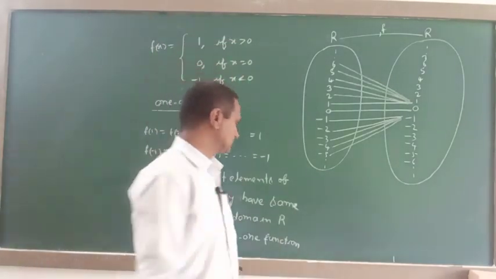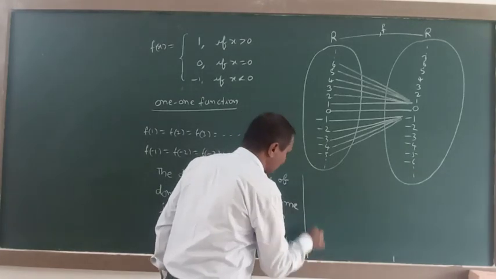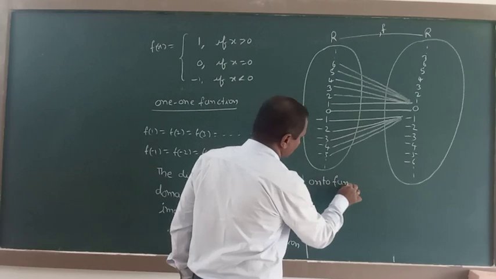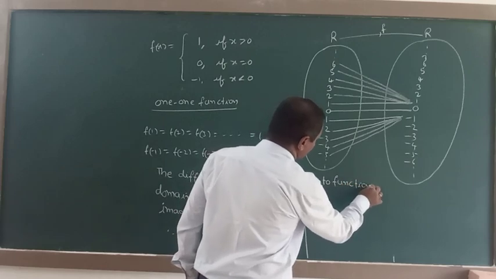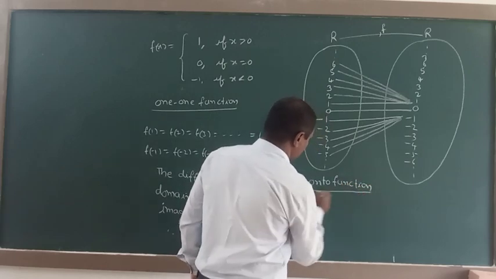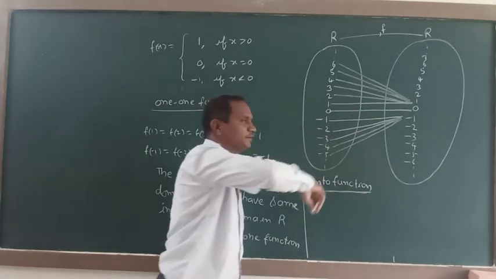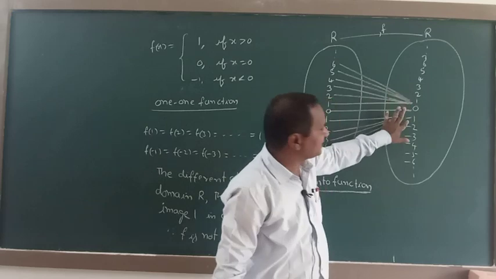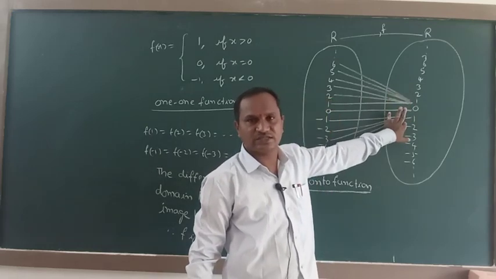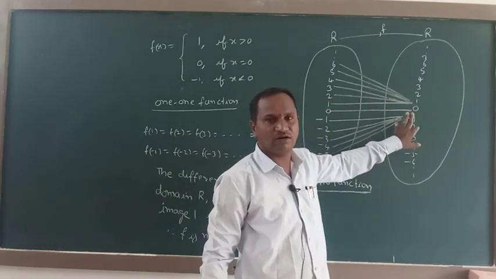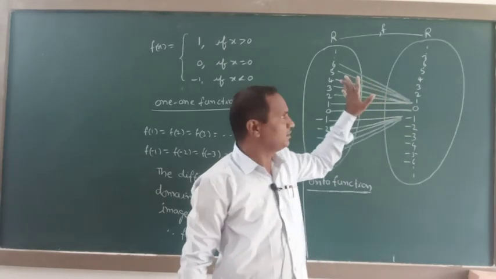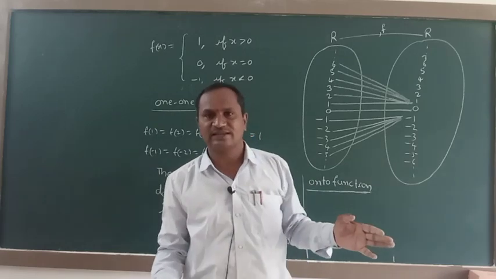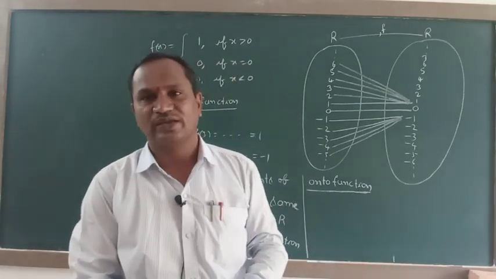Come to onto. See here, if you observe this diagrammatic representation, the mapping is only 1, 0, minus 1, because the range of signum function is 1, 0, minus 1. But codomain is the whole set of all real numbers. So easily we can say that codomain is not equal to range.